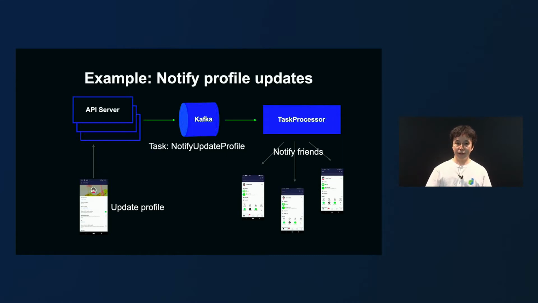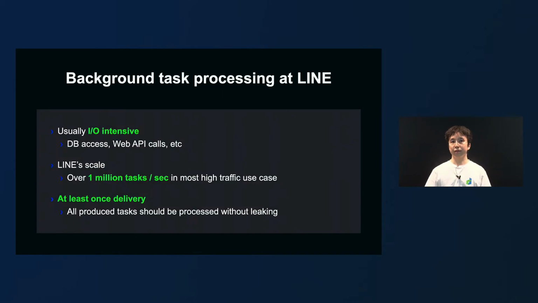The background task processing using Kafka at Line is shown here as an example. When a Line user updates their profile, friends will receive notifications. Here, the API server, instead of sending the notification at the time of the update, sends a task to the background, and the task processor sends the notification asynchronously.